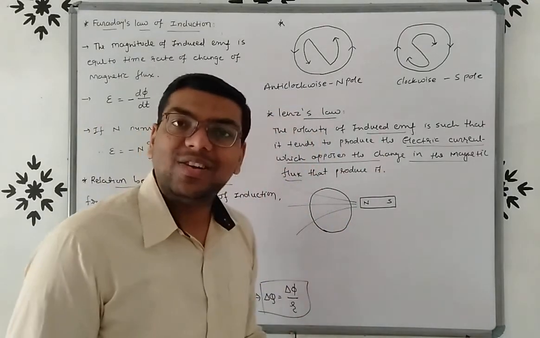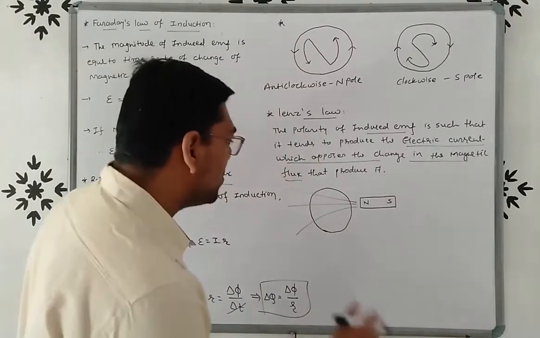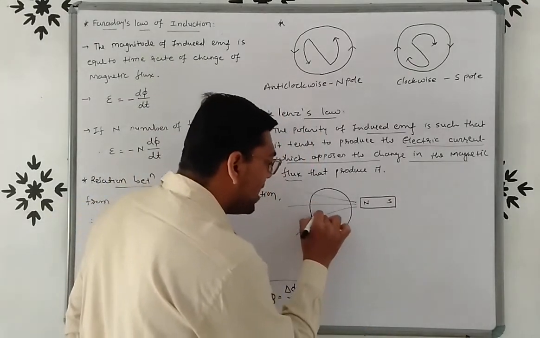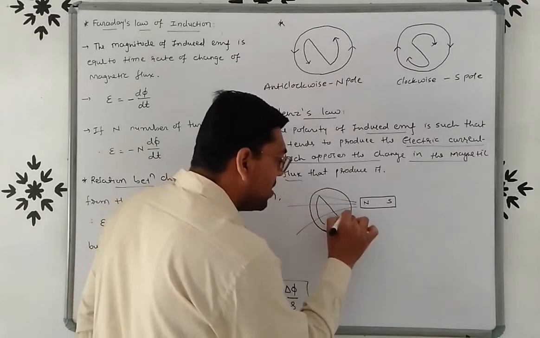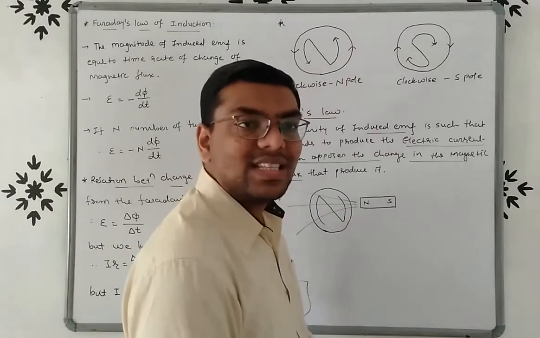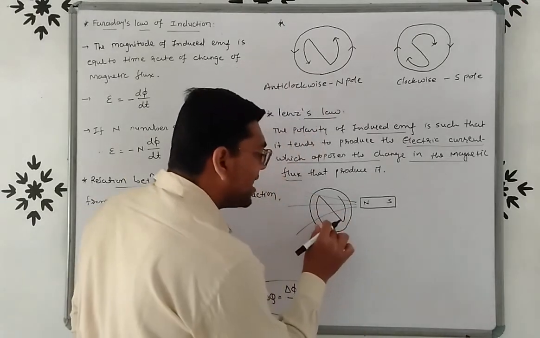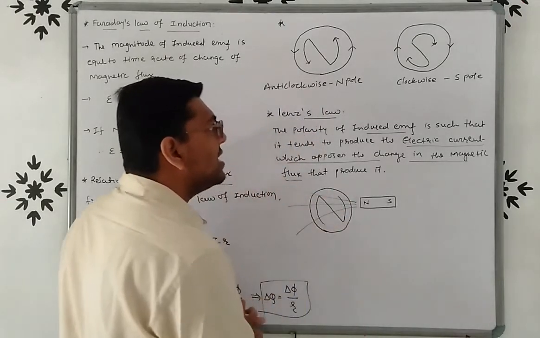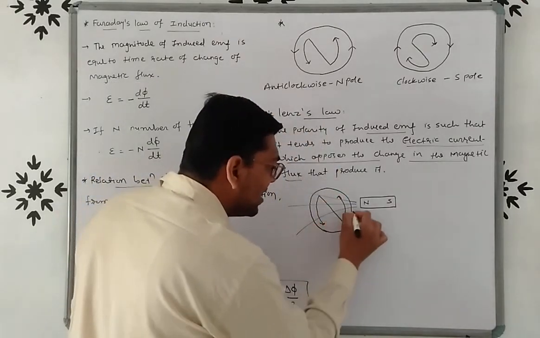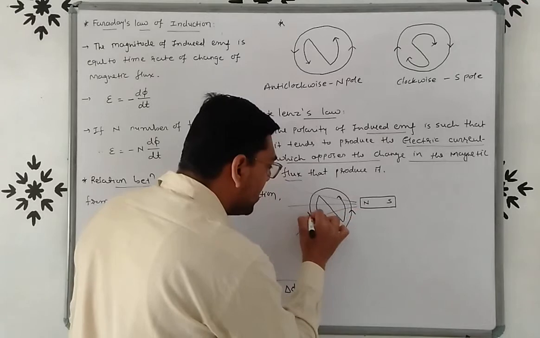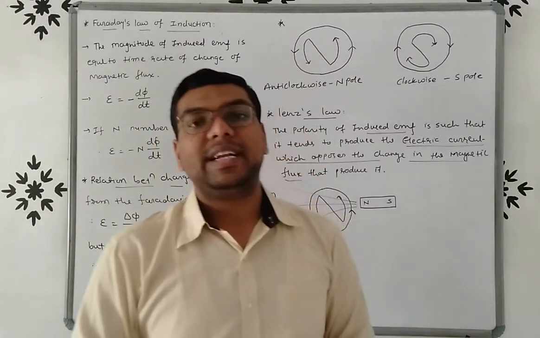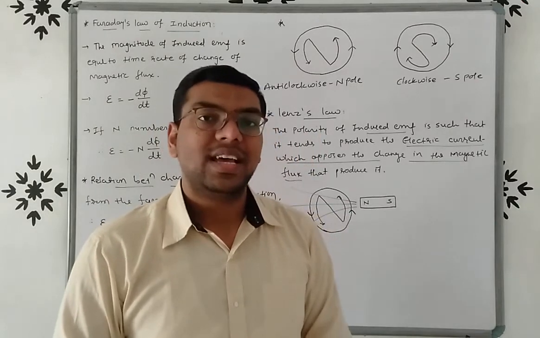Now what do we need to oppose the flux? So to oppose the change in flux, this coil behaves as a north pole, because we know that north poles repel each other. So the current passing through this coil is in the anti-clockwise direction, like this. So the current starts flowing in the anti-clockwise direction, right?